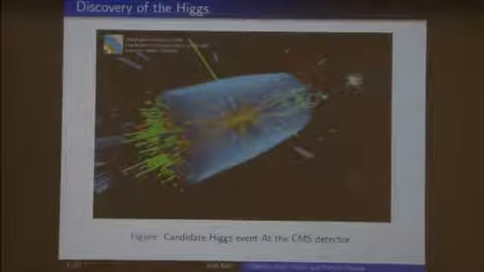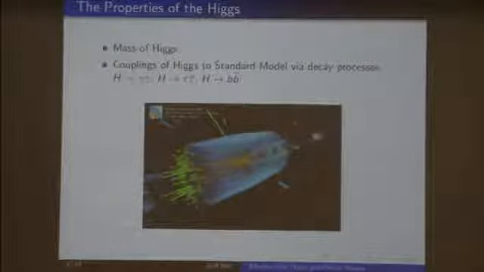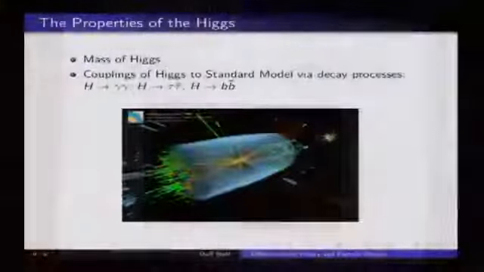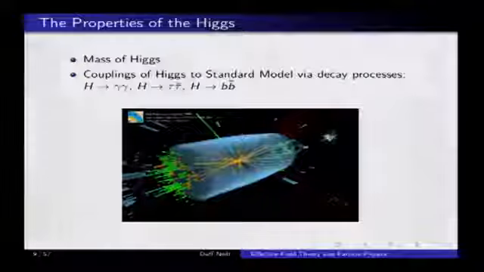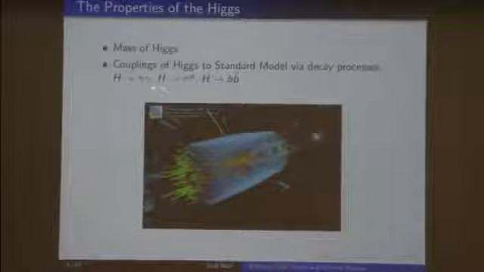And we would like to measure the properties of the Higgs. We would want to know its mass, but even more importantly, we want to know how the Higgs couples to the Standard Model. And we get that from how the Higgs decays in our detector. Here, this is an event with two gamma rays. So when the Higgs decays to the two gamma rays, that enables you to detect and measure how the Higgs is coupling to those particles.